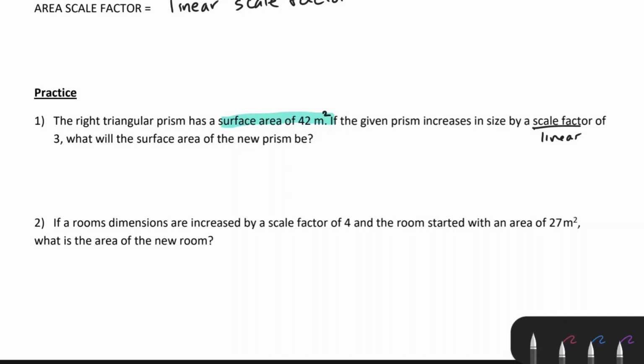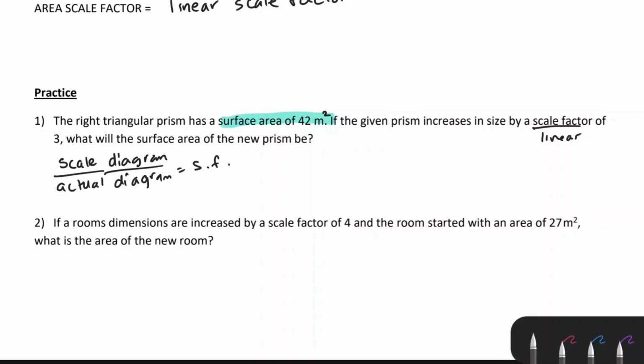So if I'm seeing something about area, we have our usual formula, right? Scale diagram over actual diagram is equal to my scale factor.